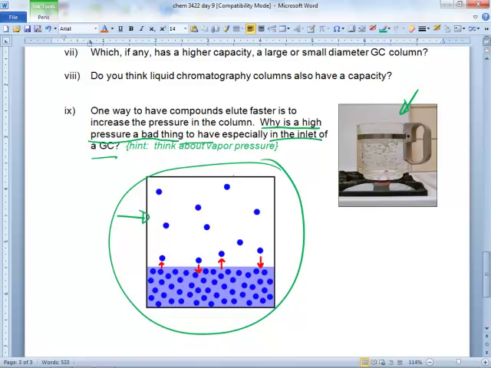So you want the lowest inlet temperature you can get by with, because GC only handles 20% of all the compounds in the world. If you have no choice, you can derivatize, but you've got to know your organic chemistry, because you're actually altering the compound so it won't decompose at that temperature.